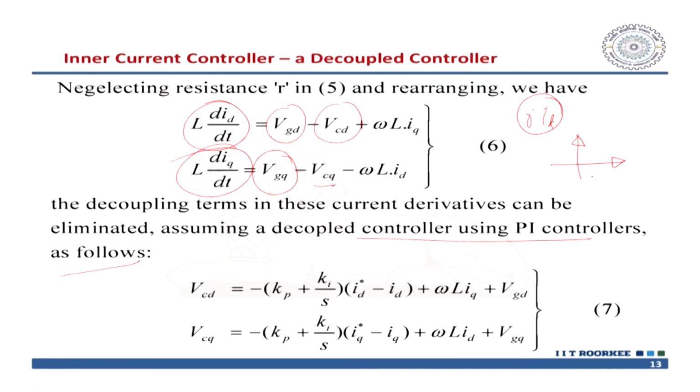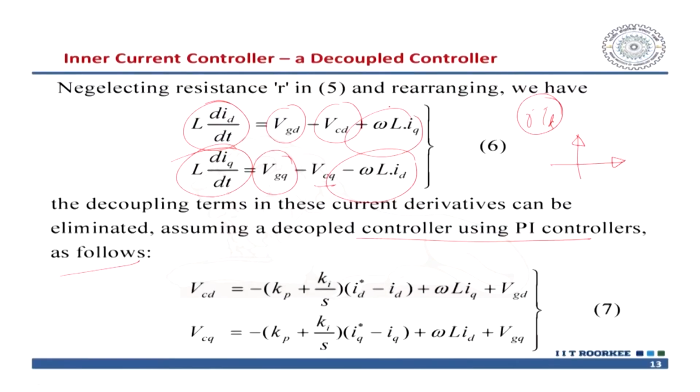So speed and torque can be controlled independently; that was the main motive of the DQ. But here we want to have the real axis component and the reactive axis component separately. Unfortunately, there is a coupling term in between. How to get rid of this coupling term is a challenge.